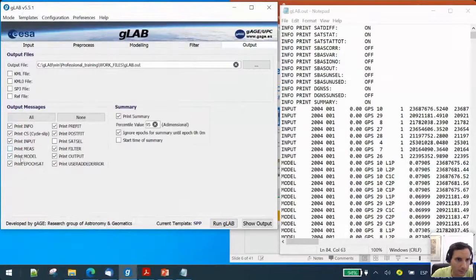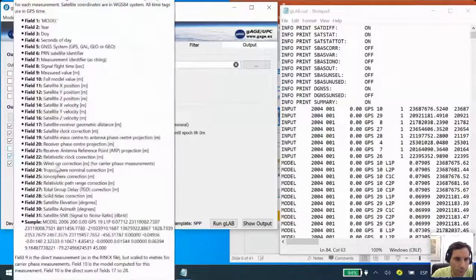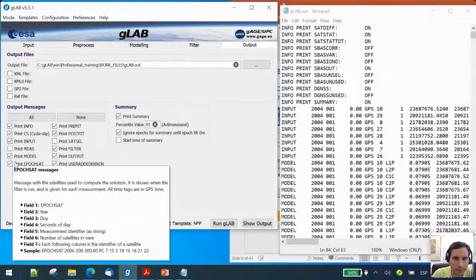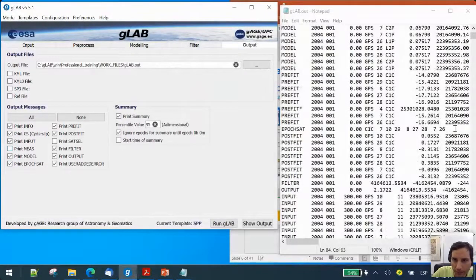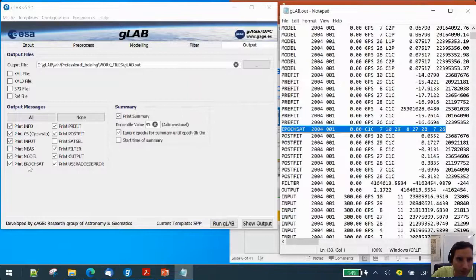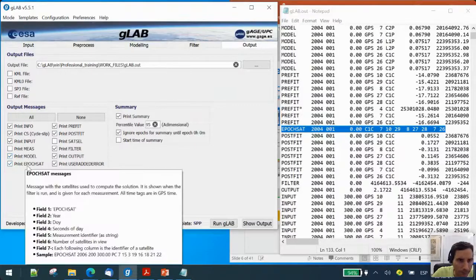The problem is that I have very little space. The epochsat, for example, if we go here, we have the message epochsat, and if I hover over it, we have the explanation.